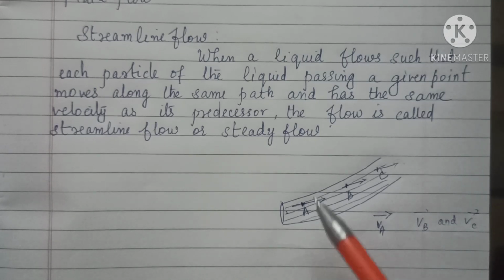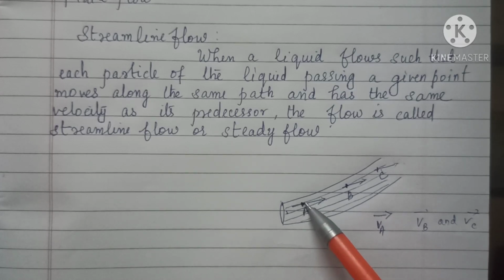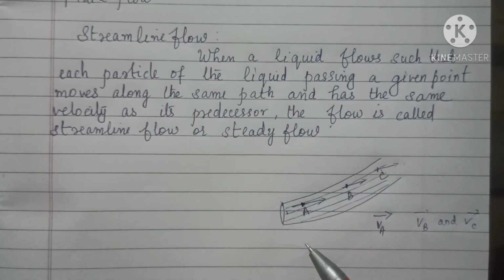That means suppose one particle crossed this point A. It has a velocity at the point A. Again the next particle which is reaching this point A also has the same velocity as that of its predecessor. Predecessor means the particle which just crossed this point. Understand? So any particle when it reaches this point A has the same velocity VA and also it travels through the same path. Understand?